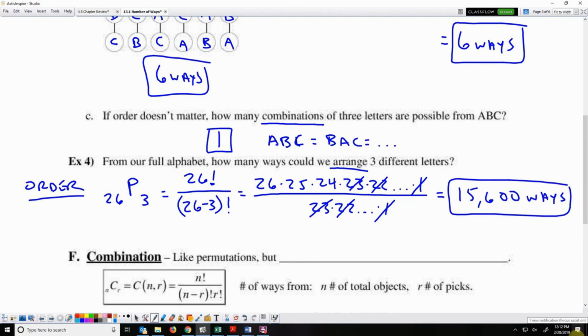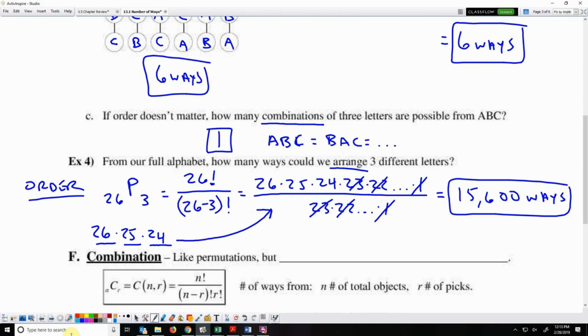Okay? Another way to think about that would be like this. If I've got 3 spots to choose from, I'm going to put a letter in each of those 3 spots. In the first spot, I've got 26 to choose from. In the second spot, I've already used 1. Now I've only got 25 letters to choose from. Now I've used 2 letters, so I've only got 24 letters to choose from. That ends up exactly the same as what we have there.